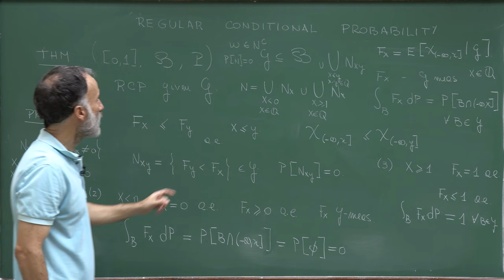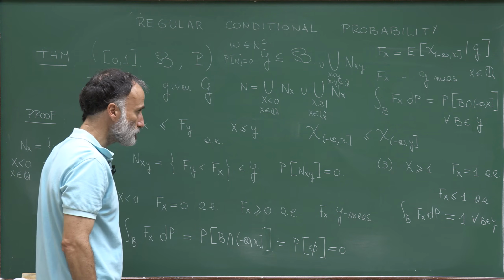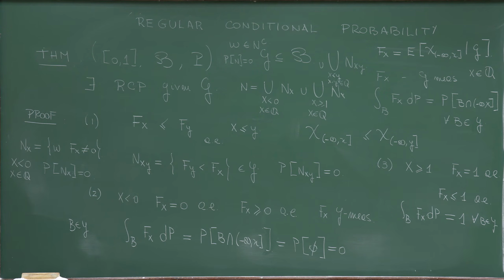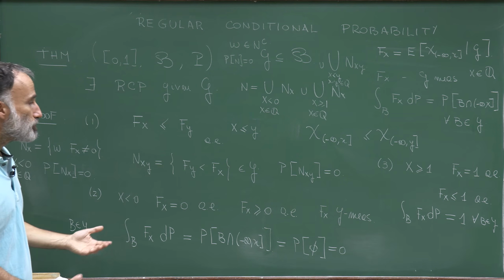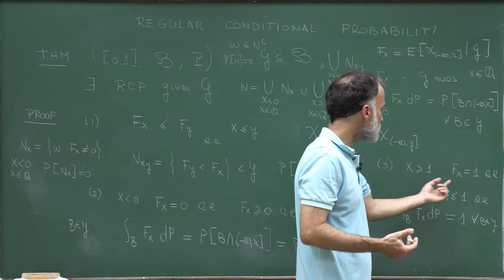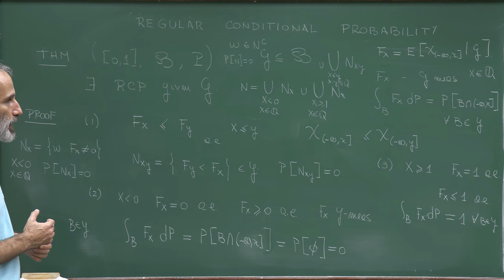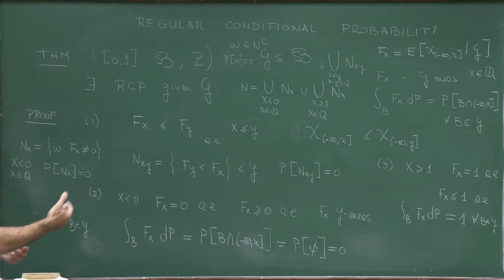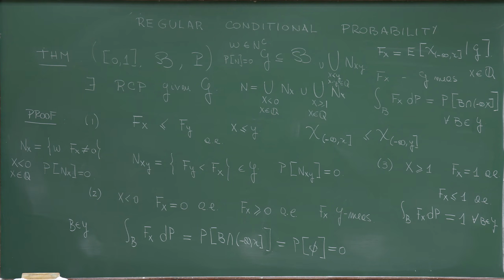So from now on, I will fix a point omega in the complement of n. I will keep these identities, or these statements, which are written here, and from these, as I said, I will now start thinking of this as a function of x. And from that function of x, I will construct a distribution function, and from that distribution function, I will construct a measure on the set [0,1] and the sigma algebra B.